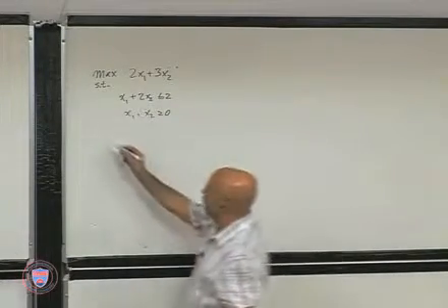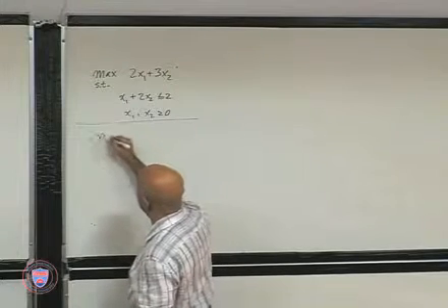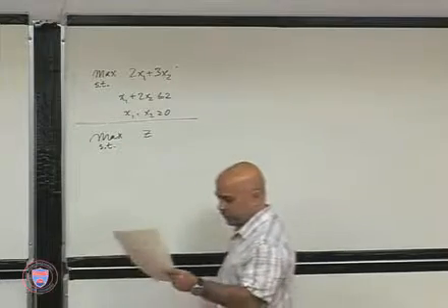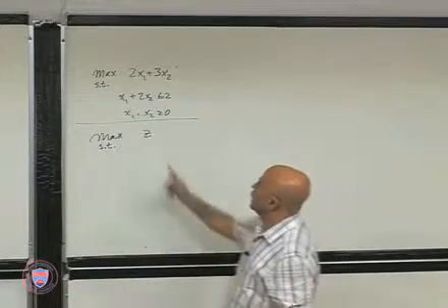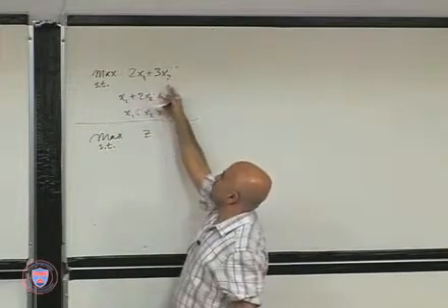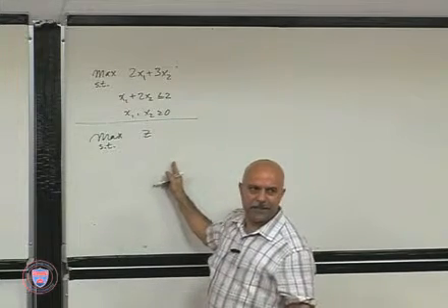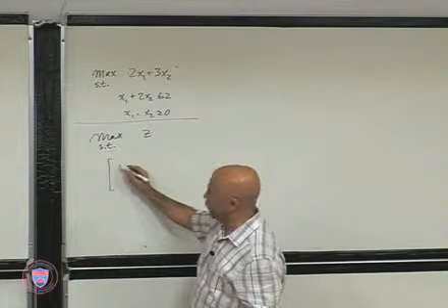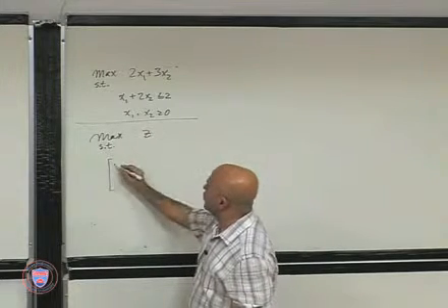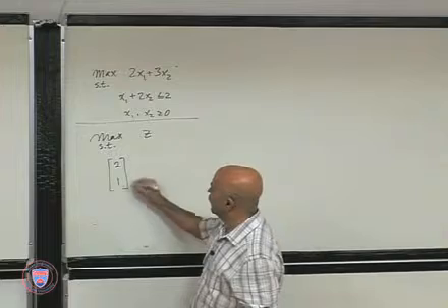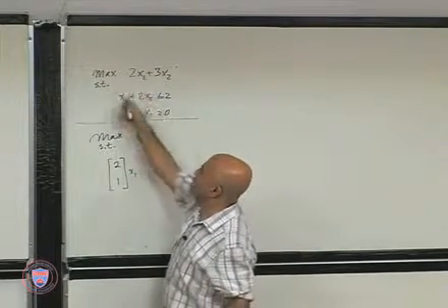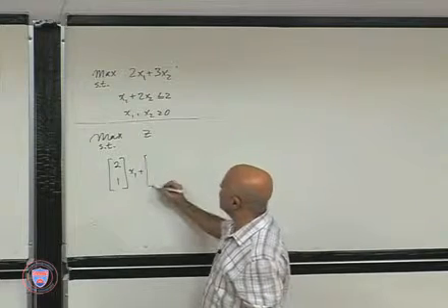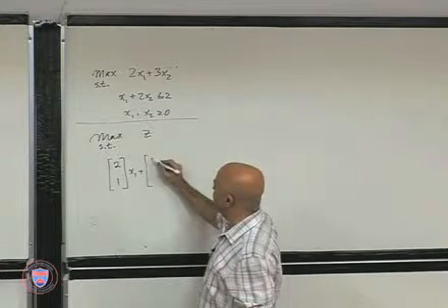Okay. So the way we want to interpret this problem is to maximize z subject to 2x1 plus 3x2 equals z on the right, which gives you the following vector equation. 2 and 1 for x1, plus the second column will be 3 and 2.